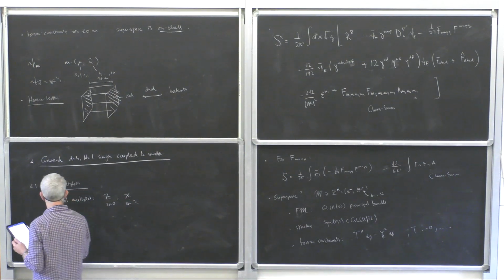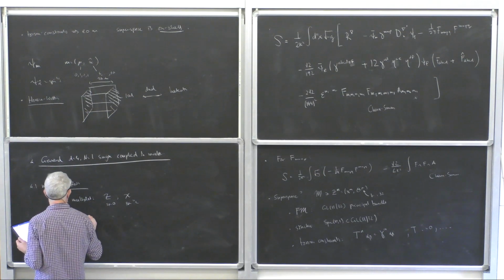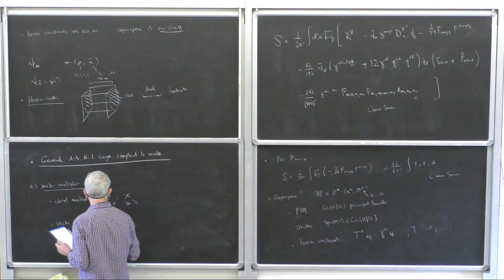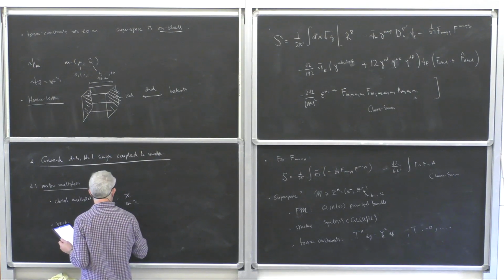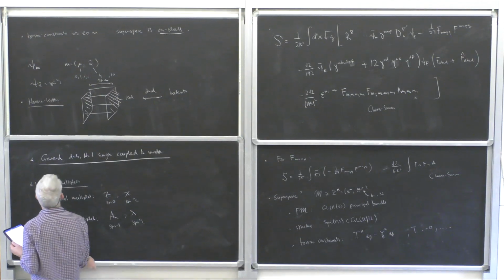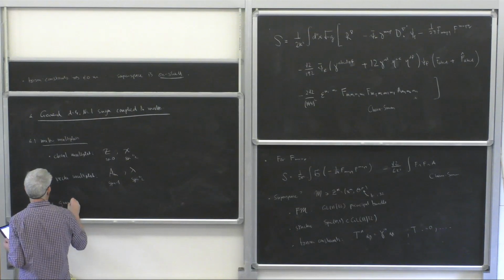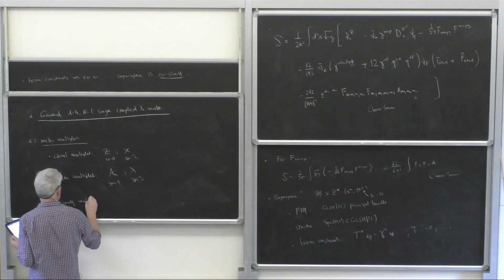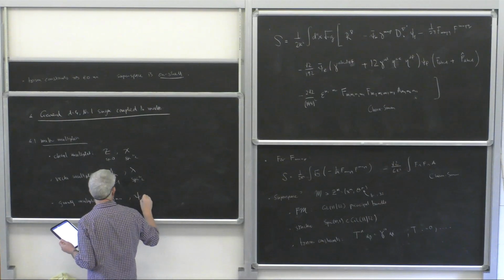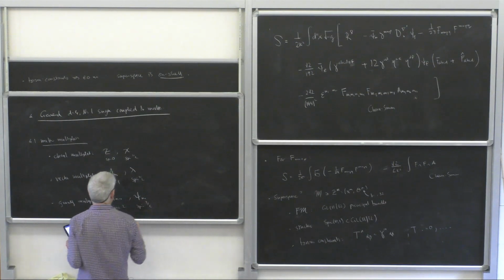And we had the vector multiplet, which had a gauge field, which was spin 1, and a spin 1/2 field. And then we had the gravity multiplet, which was h_mn and psi_m. This was spin 2, and this was spin 3/2.